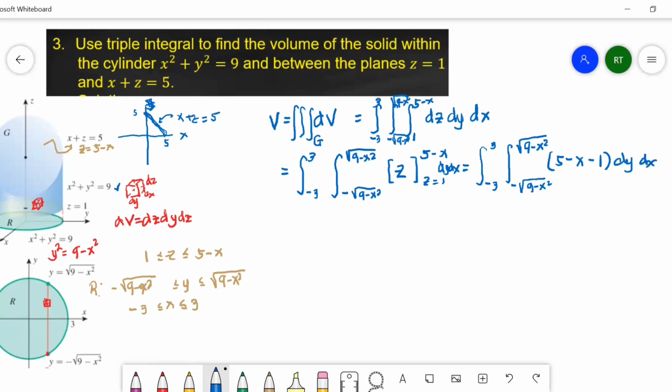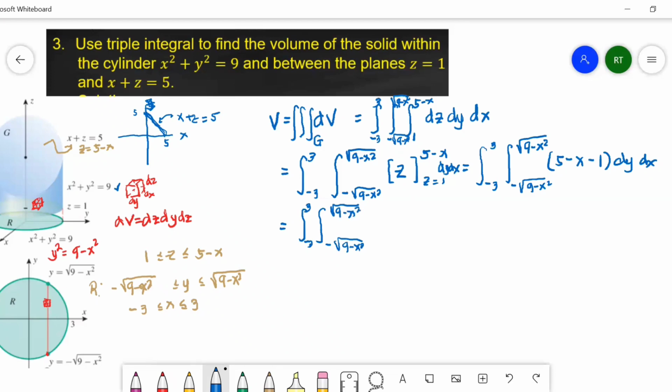So this gives us a double integral where x goes from minus 3 to 3 and y goes from negative square root of 9 minus x squared to positive square root of 9 minus x squared.